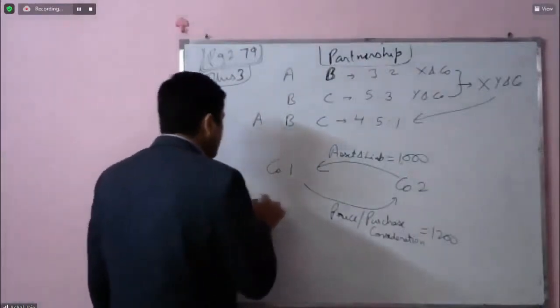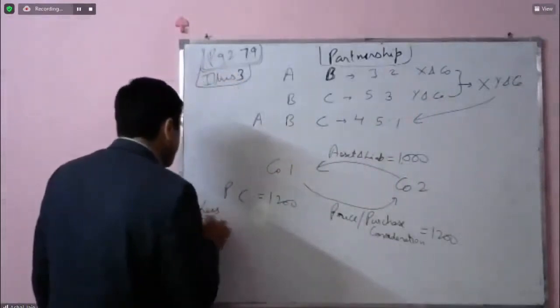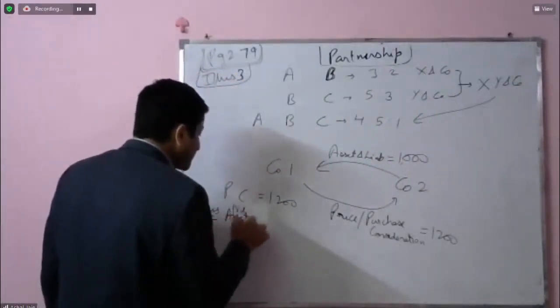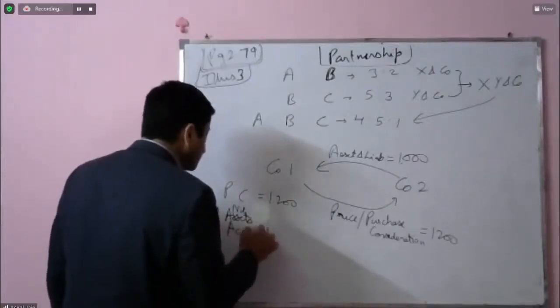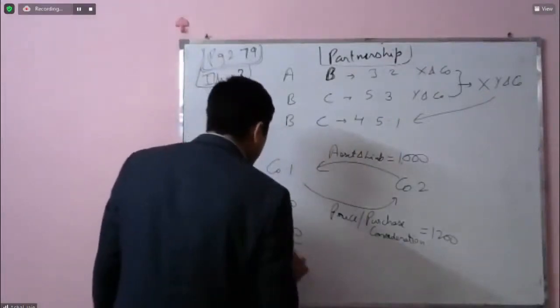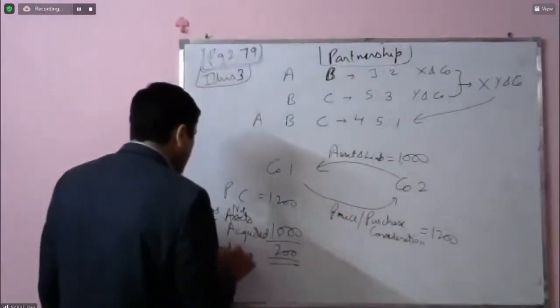So in simple terms, we can say purchase consideration is 1,200 less net assets acquired 1,000, and then what do we get? 200. This is nothing but the goodwill.